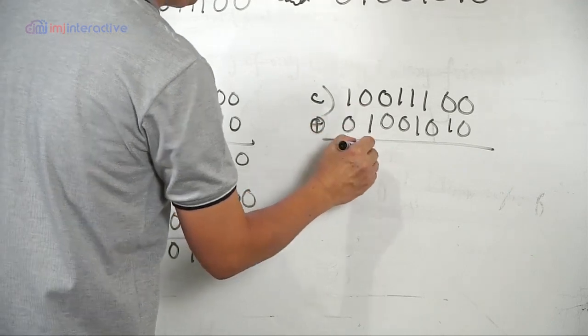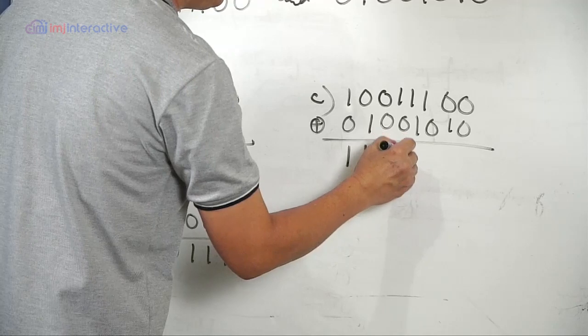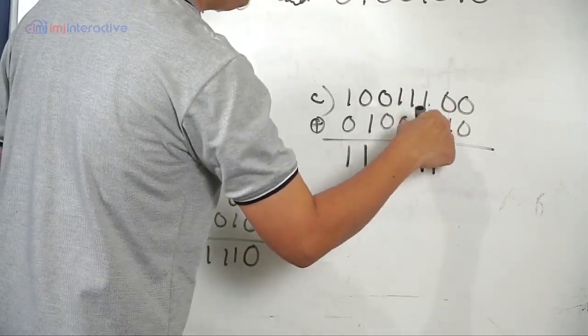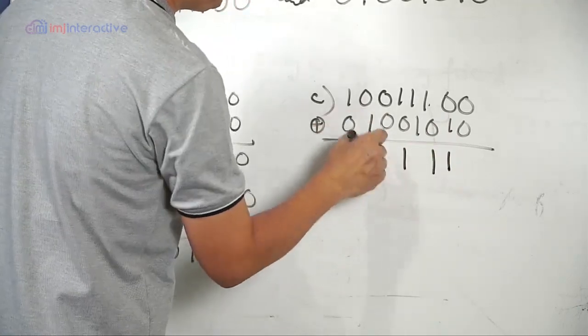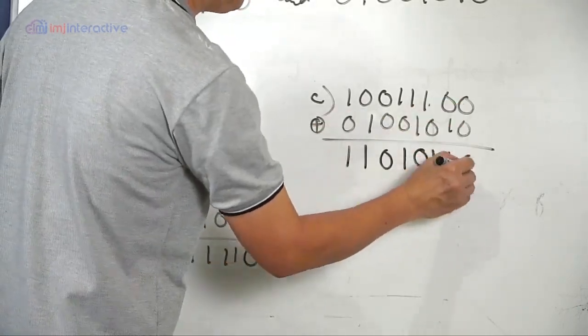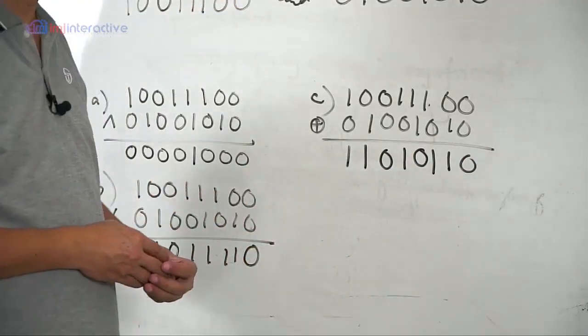False, true, true. True, false, true. False, false, false. True, true, false. So that's the answer: 1, 1, 0, 1, 0, 1, 1, 0.